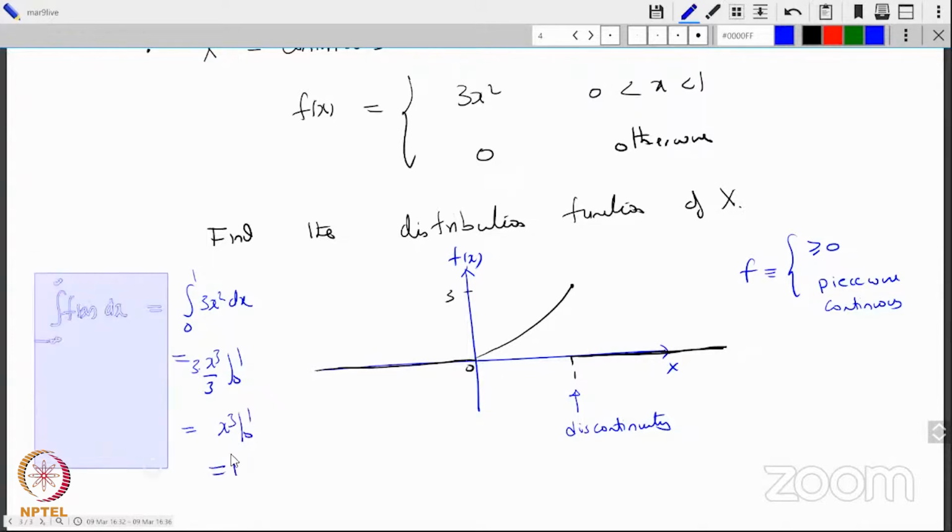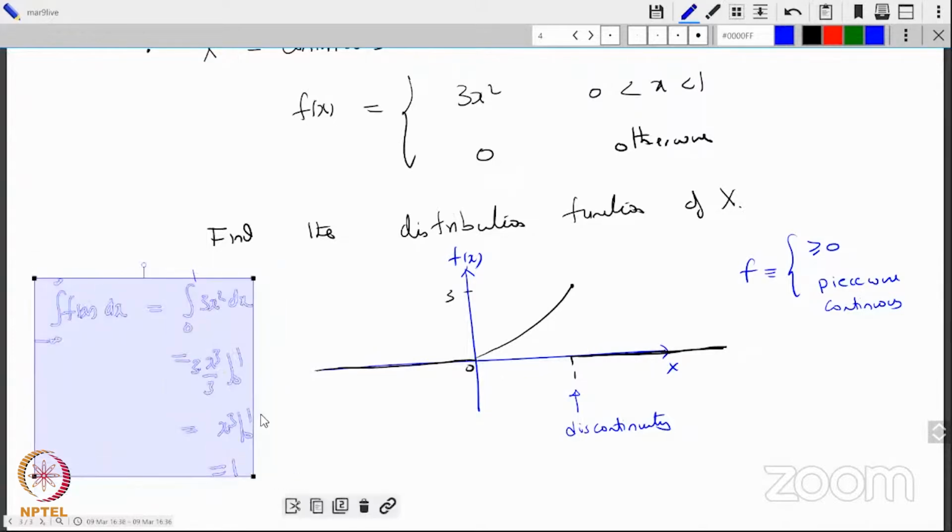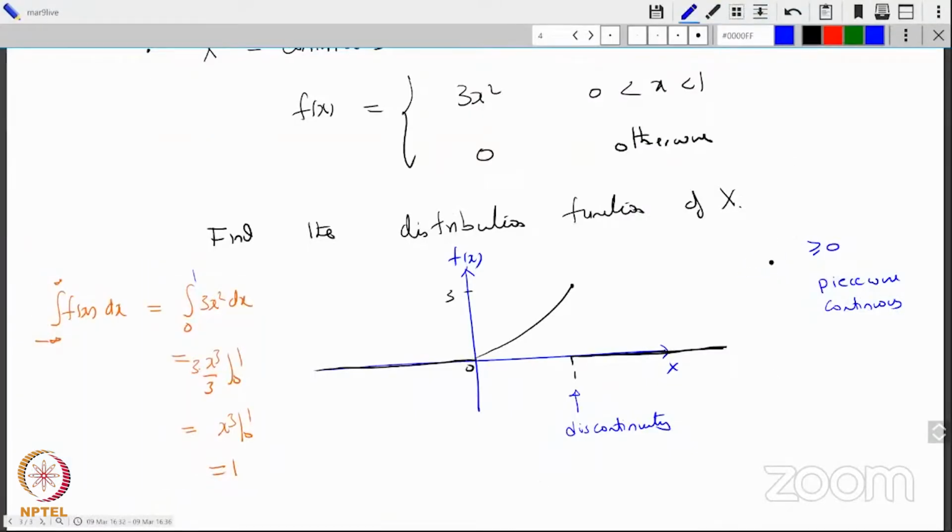So these three properties are what I would call the density function. Let me write this properly. So f of x is non-negative, and f is piecewise continuous. So these two facts make f a density function.